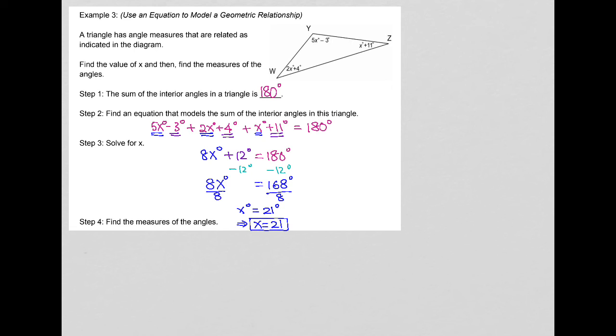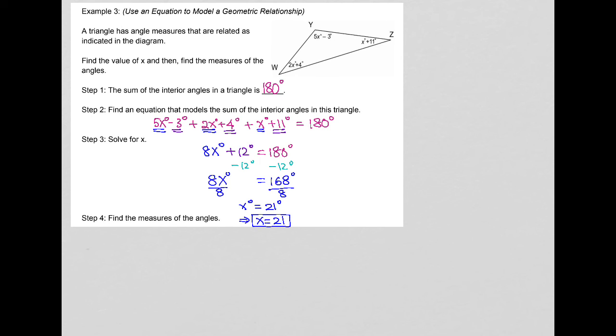And after that, we can find each angle. So we say angle W equals 2x degrees plus 4 degrees, which is 2 times 21 degrees plus 4 degrees, which is 42 degrees plus 4 degrees, which is going to be 46 degrees.